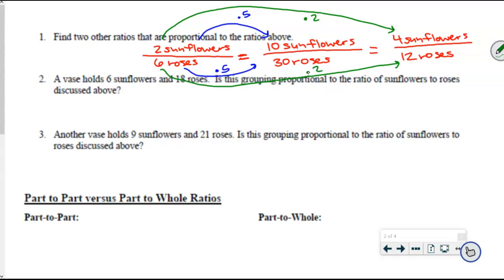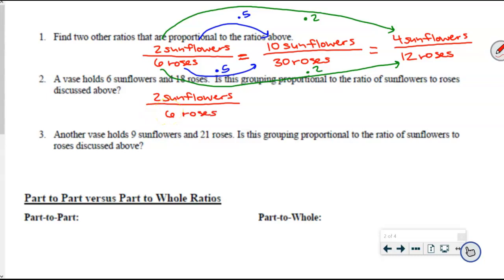Okay. A vase holds 6 sunflowers and 18 roses. Is this grouping proportional to the ratio of sunflowers to roses from our original problem? So I'm going to write down the original ratio again. 2 sunflowers to 6 roses.